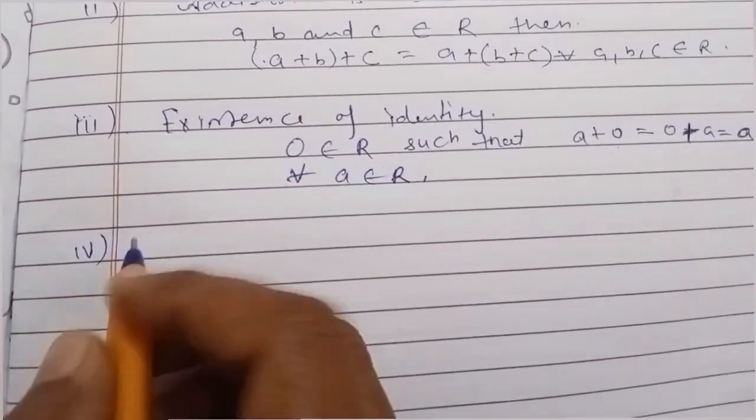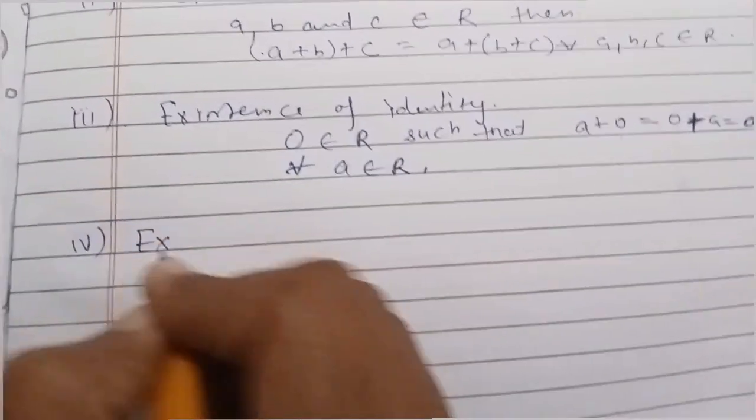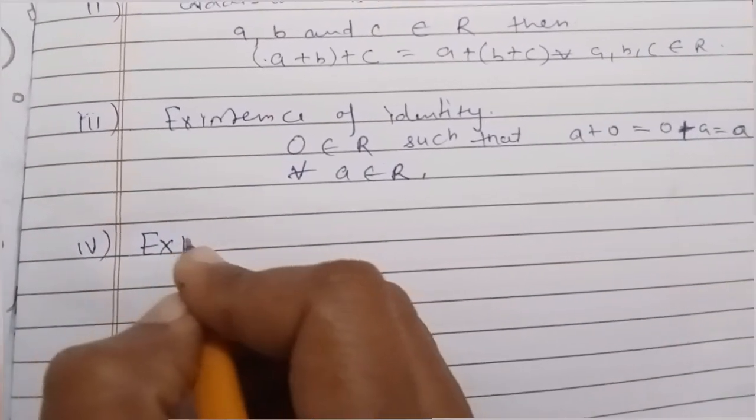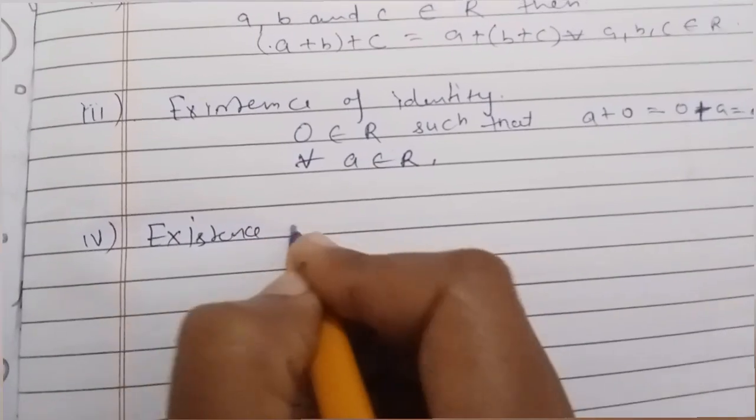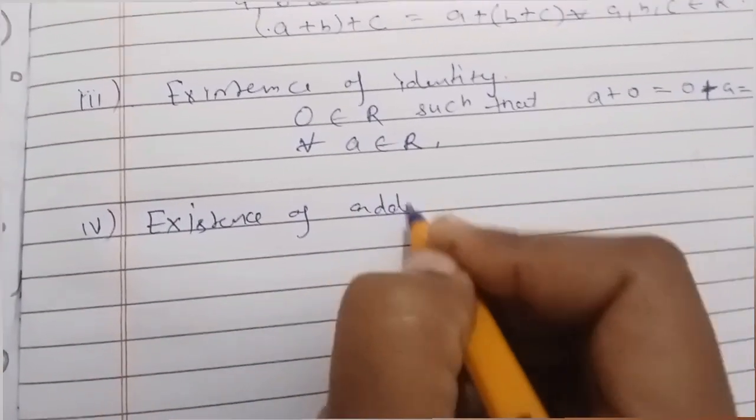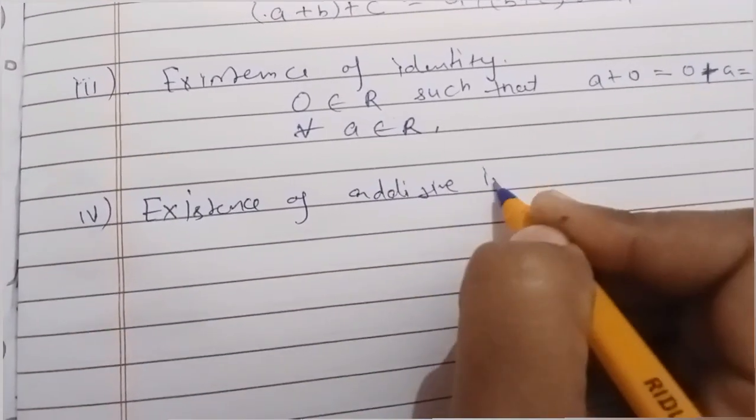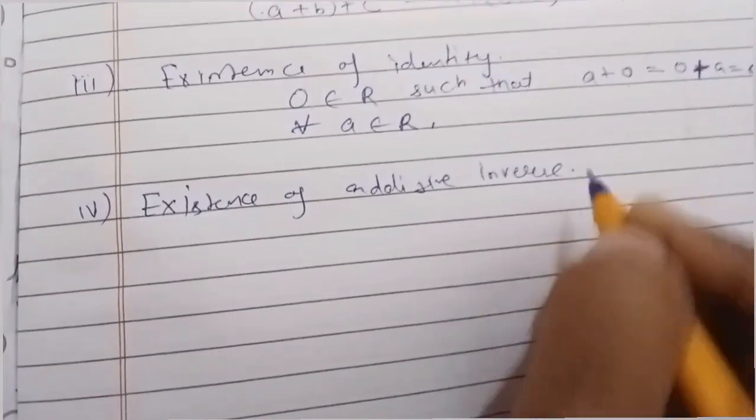Similarly, the fourth property for a ring is existence of additive inverse.